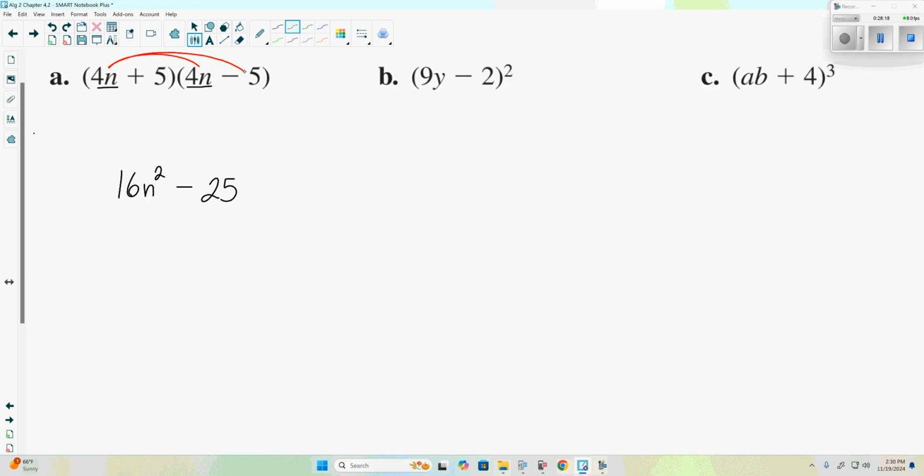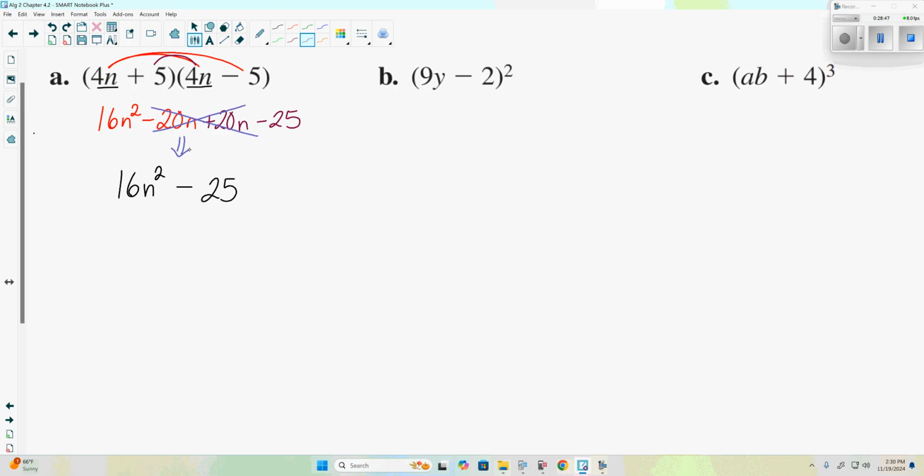If we didn't remember that, I went on and multiplied out. 4n times 4n is 16n squared. 4n times negative 5 is negative 20n. 5 times 4n is plus 20n, and 5 times negative 5 is negative 25. Now, what is negative 20n plus 20n? 0.